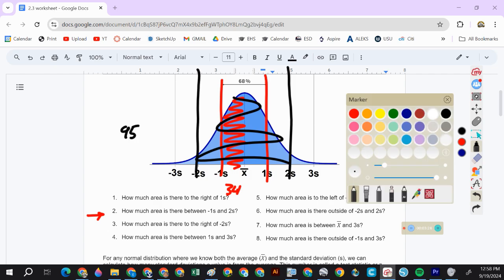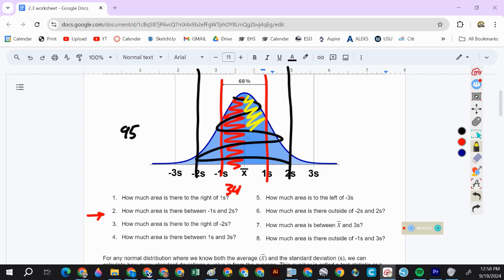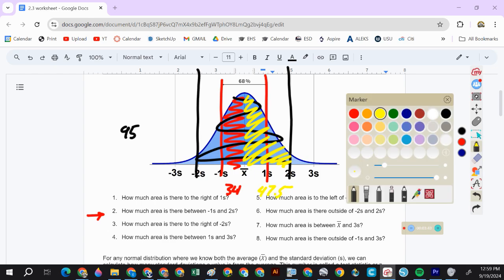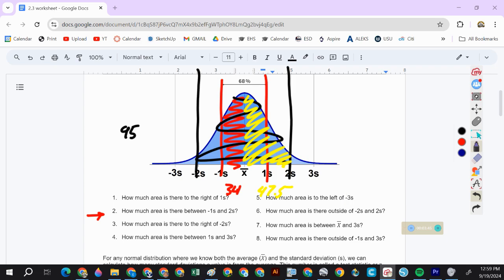So, how much area is in here? It's half of 95. 47.5. So 47.5. Thanks, Garrett. And this question is just asking how much area is there right here? Easy enough.